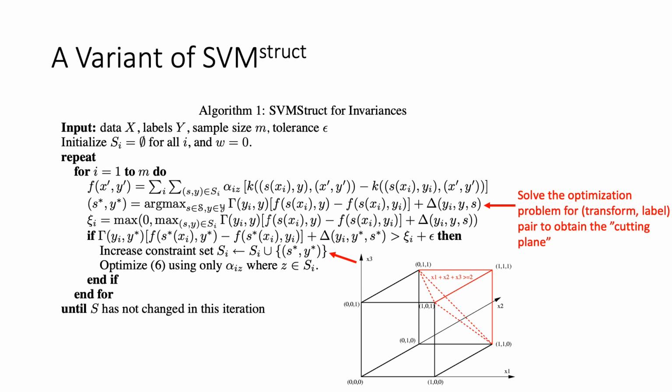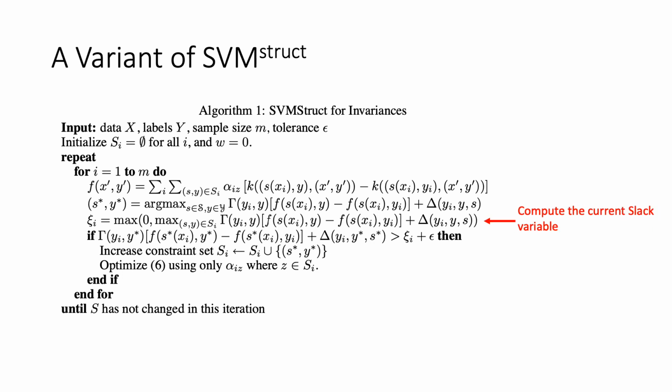So in 3 dimensions, just visually as a picture there, it will cut a hyperplane through the search space, the optimization space, and it will be smaller on the next iteration. So that's the first thing that we have to compute, the optimal transformation label pair, optimal meaning most margin violating.